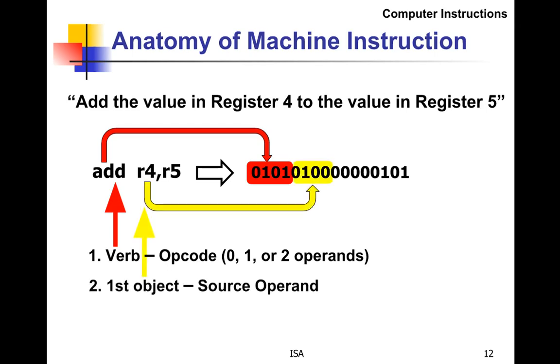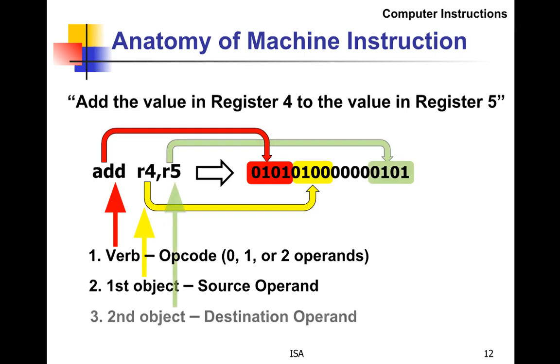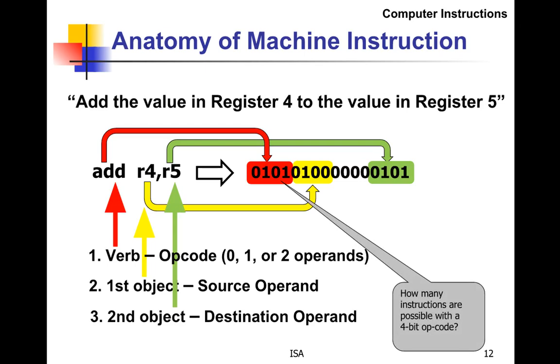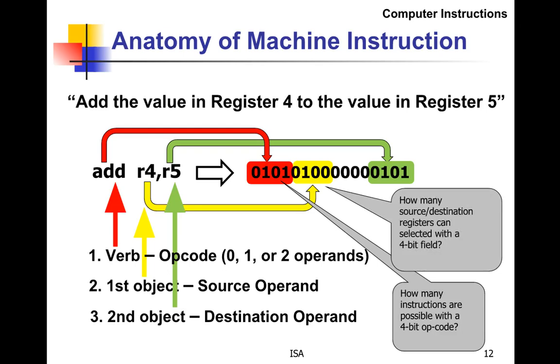The next 4 bits tell you what the first operand is, the source operand. The last 4 bits tell you what the destination operand is. So how many instructions are possible with a 4-bit opcode? Well, seems like maybe 16. How many source destination registers can be selected with a 4-bit field? 16 again.